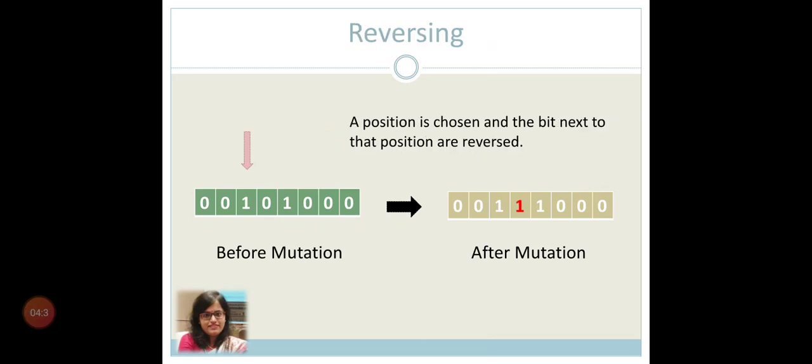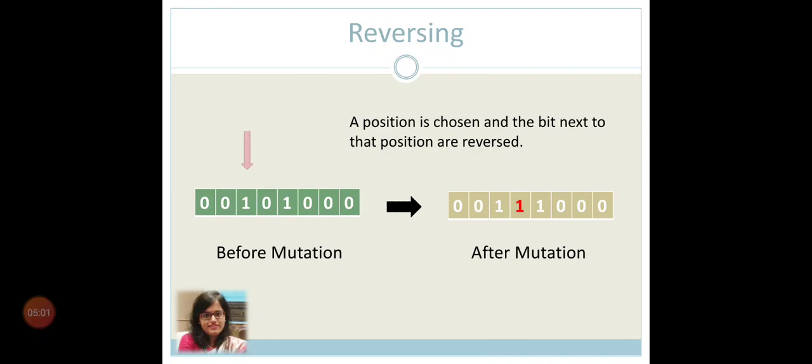The third mutation technique for binary coded GA is reversing. Here a point is chosen and the bit next to that position is reversed. Suppose we have chosen the third position. At the third position the value was 1. Next to the third position, at the fourth position, the value was 0.